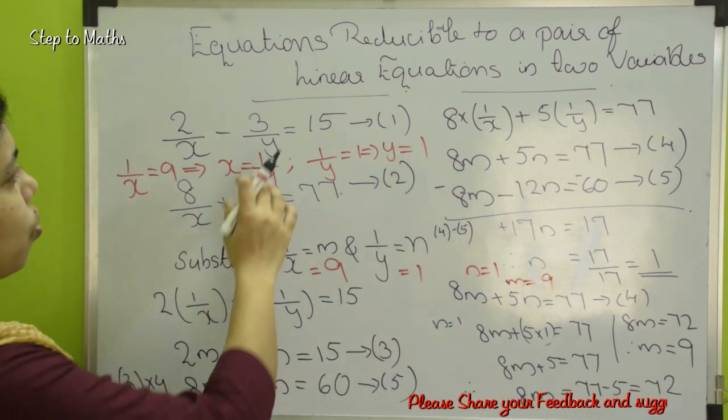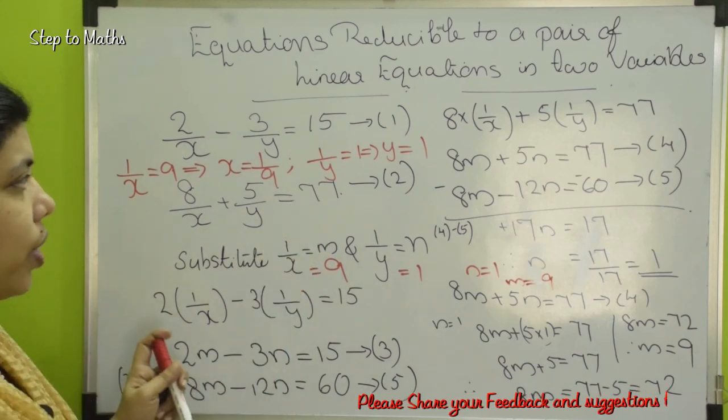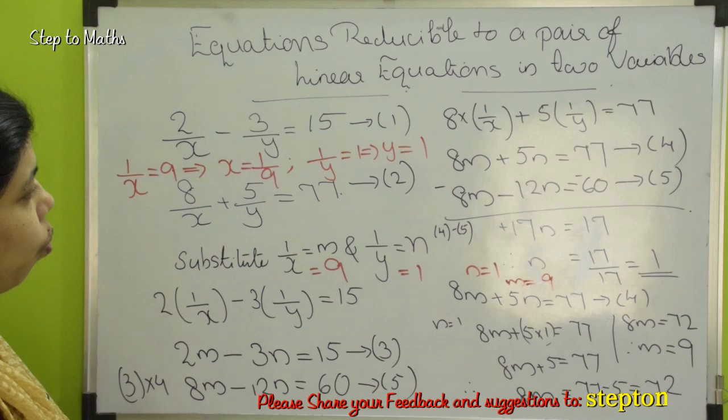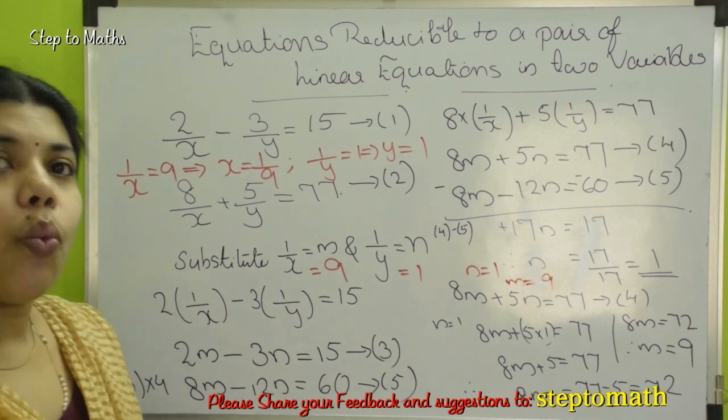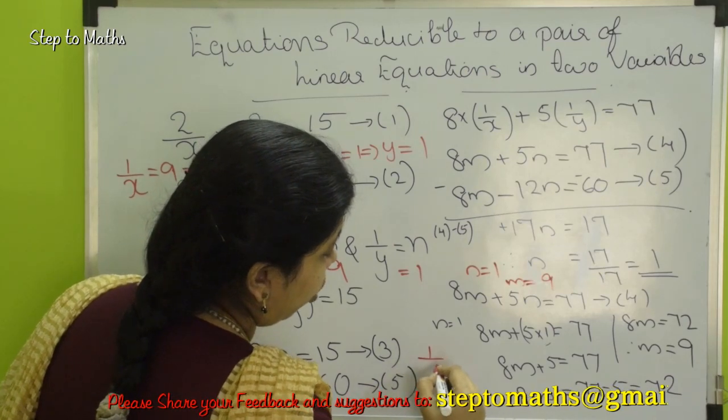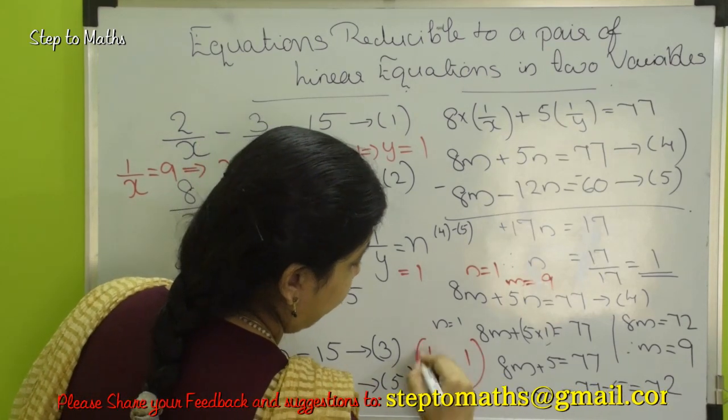So, the solution of these two equations is x is equal to 1 upon 9 and y is equal to 1.